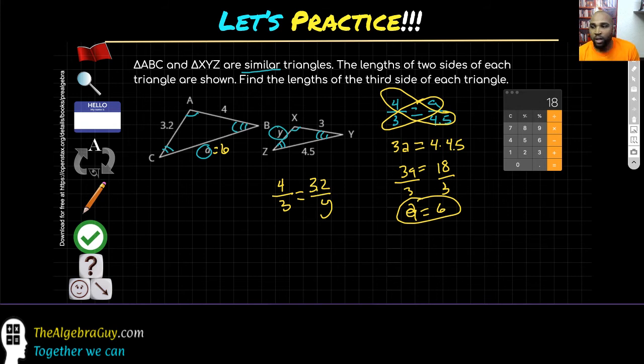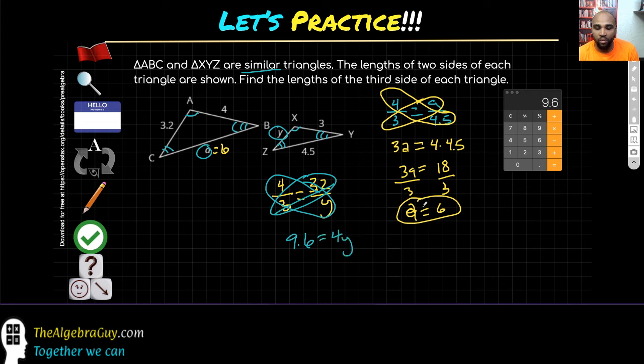All right, so again, how do we solve this? We can cross multiply. 3 times 3.2 is 9.6. All right, so got that one, and then we got 4y.